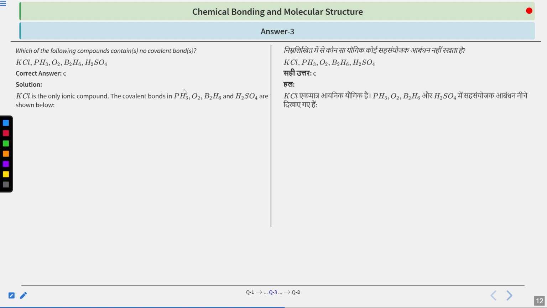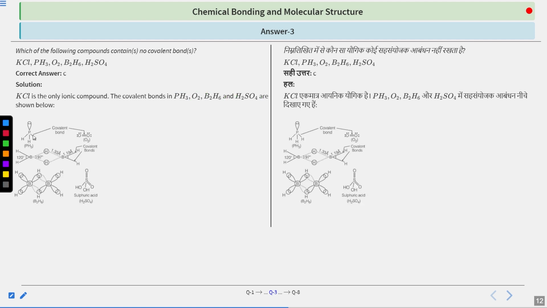Compared to that, all of the compounds, that is PH3, O2, B2H6 and H2SO4, are having covalent bonds. We can just see it here. In PH3, you can see this is the covalent bond. Again in O2, there are covalent bonds. In B2H6 also, this is the covalent bond, which is also shown in terms of orbitals.